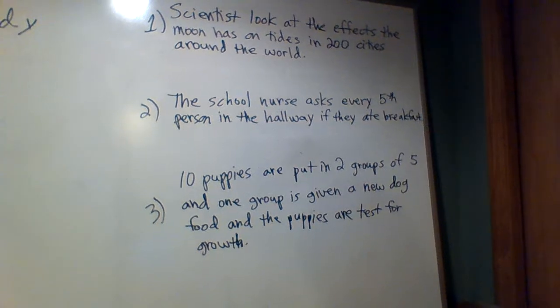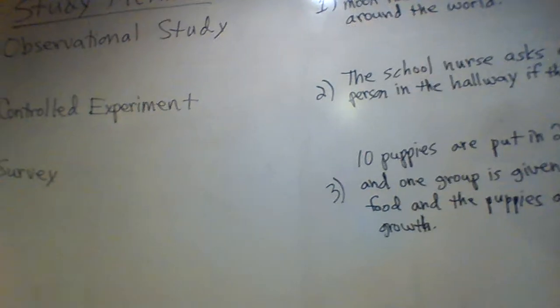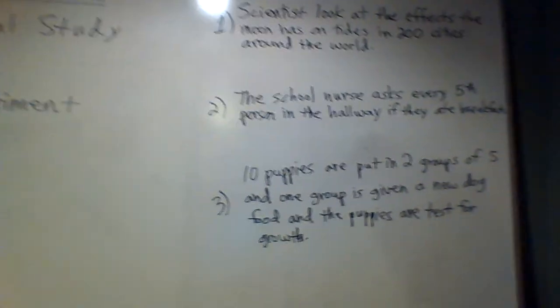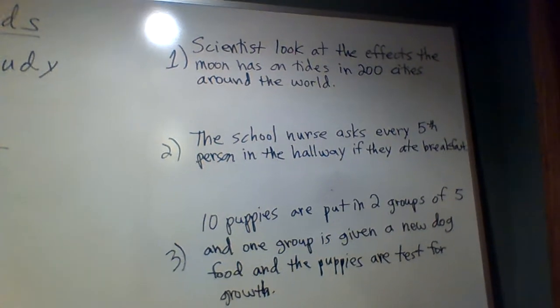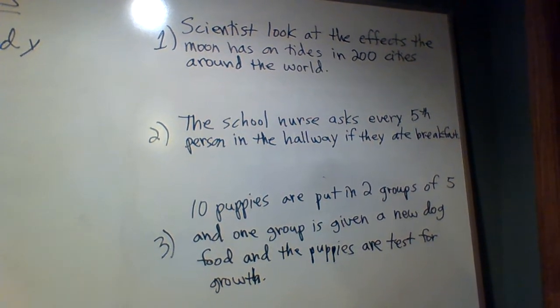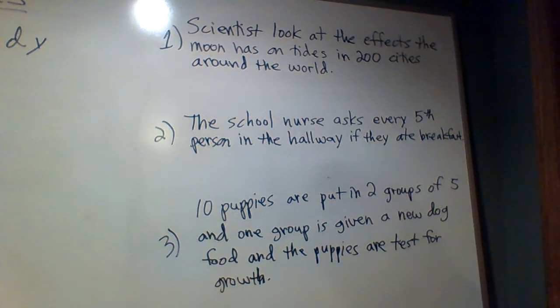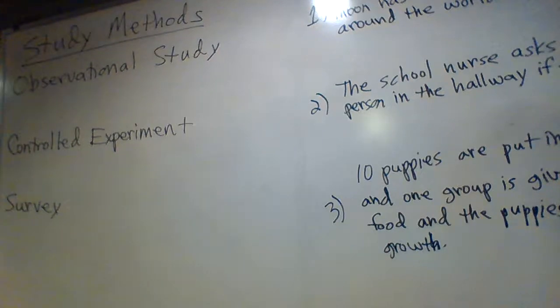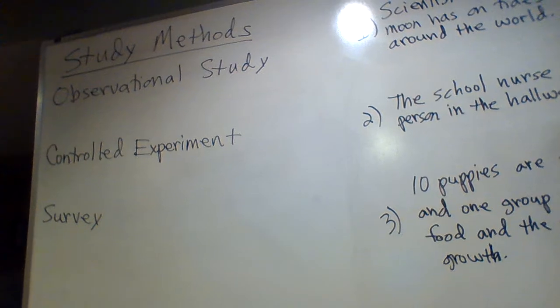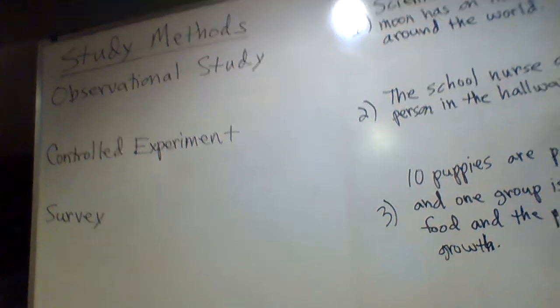So number 1, you can put which of these is number 1, then number 2, and then number 3. That's how you can do your homework there. I know you might need to pause this so you can read those. Just put the answers on which one you see matching. Okay, thanks, guys.